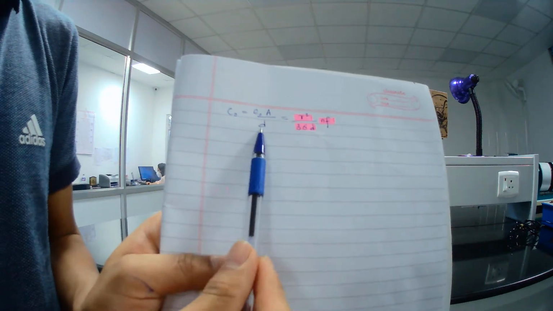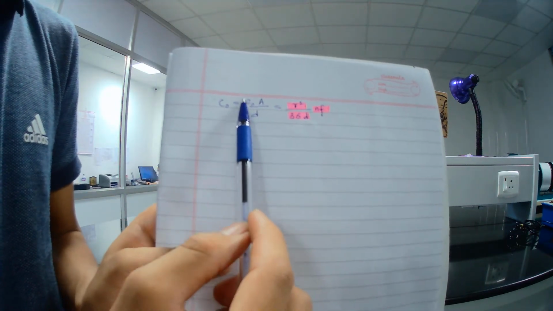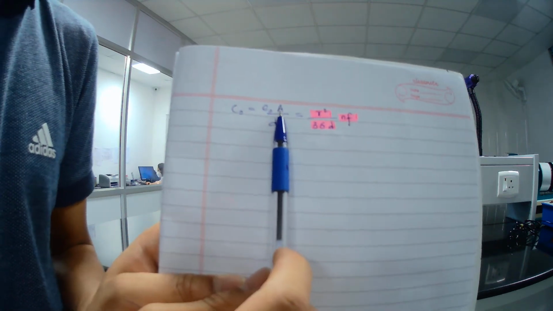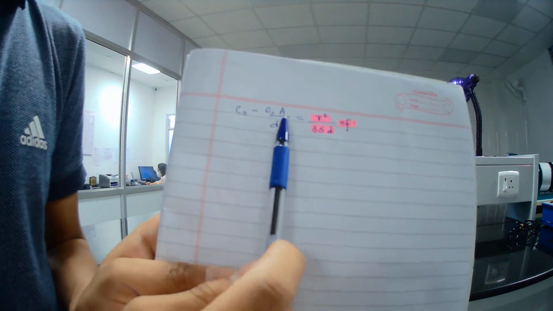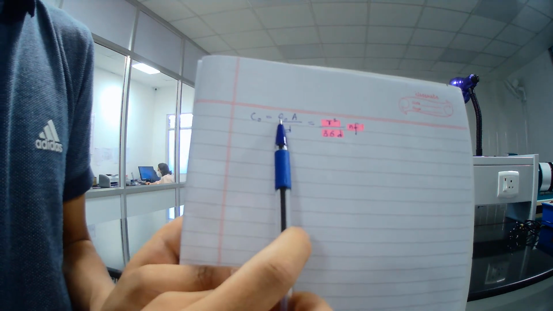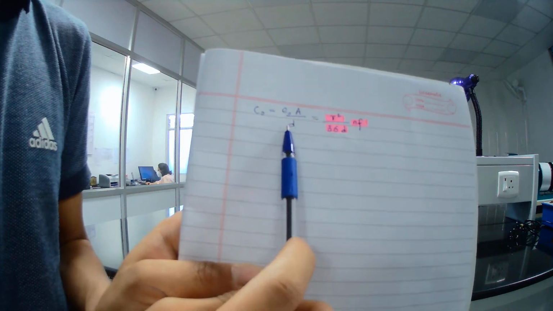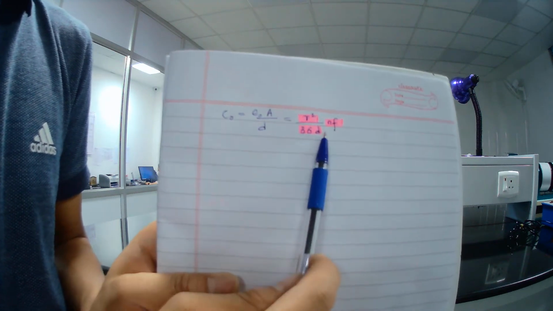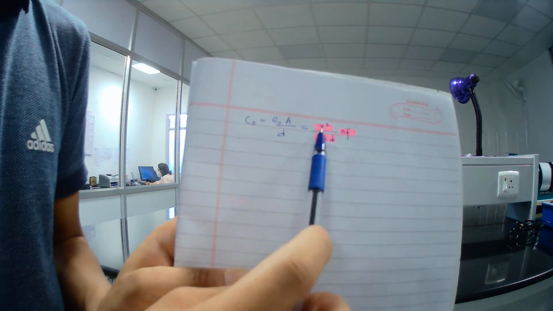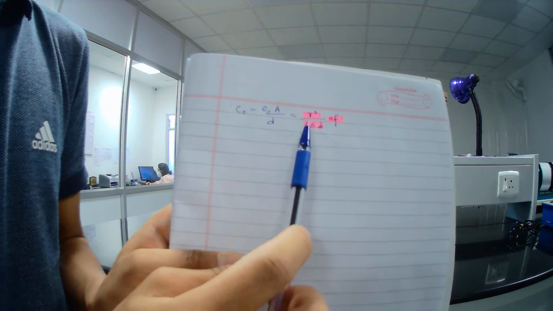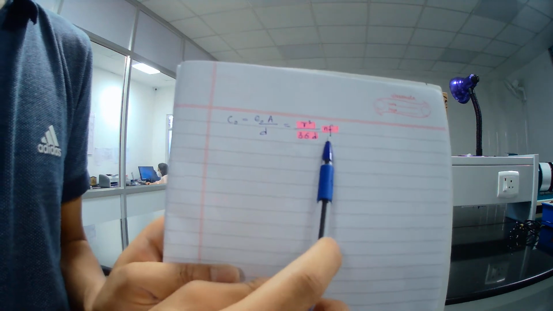From this formula, A, the area, is pi r square, and we put the value of E0. Radius, this is diameter, in the denominator 836, and the unit is nanofarad.